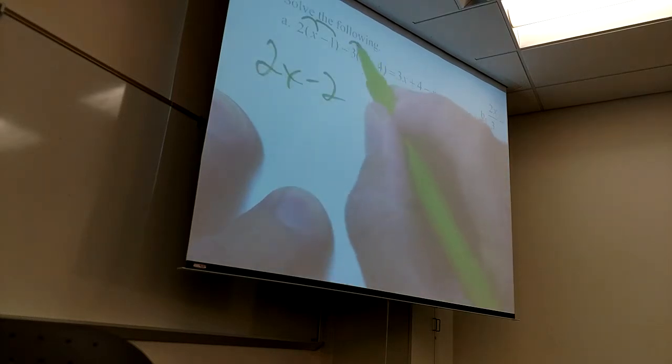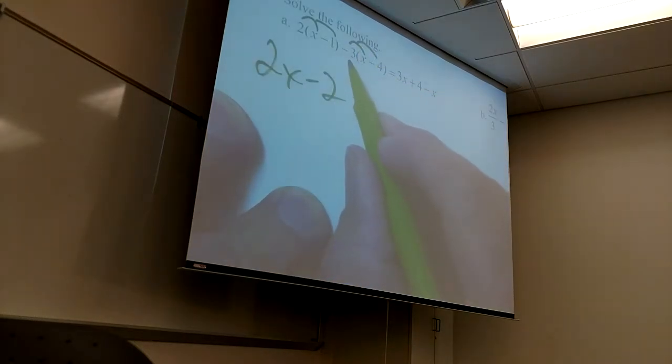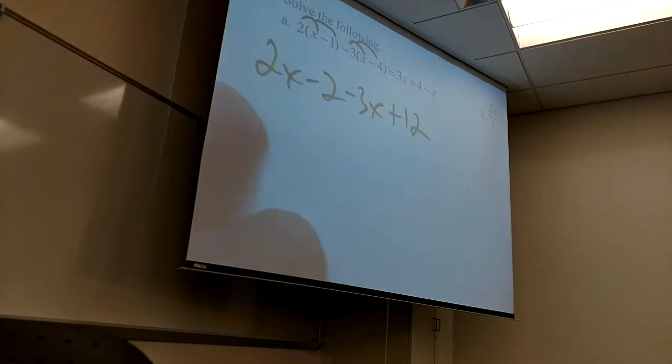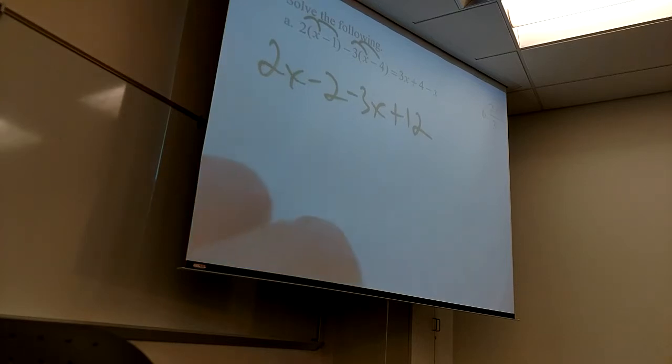Now here's where people make a mistake. Negative 3 times x, negative 3x. Negative 3 times negative 4 is 12, plus 12. So that negative is part of the 3; the whole thing is going to go through. Like it? How are we doing so far? Okay.